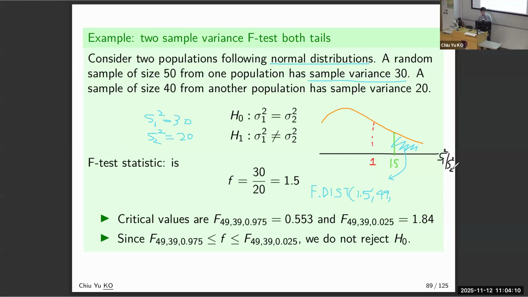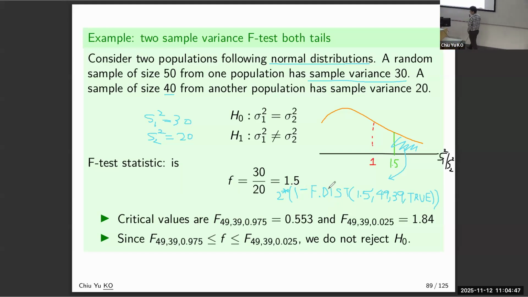N2 is 40, so it's 39. Then you put TRUE. Remind you that this is not the answer, because this only gives you the area on the left-hand side. So you take 1 minus it, and then times 2. That will be the p-value. You can calculate that.